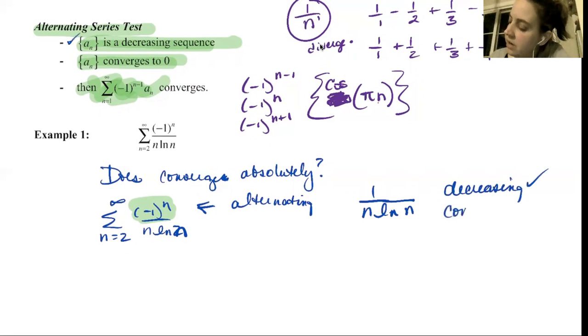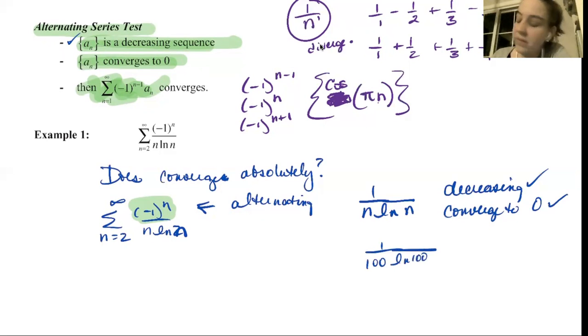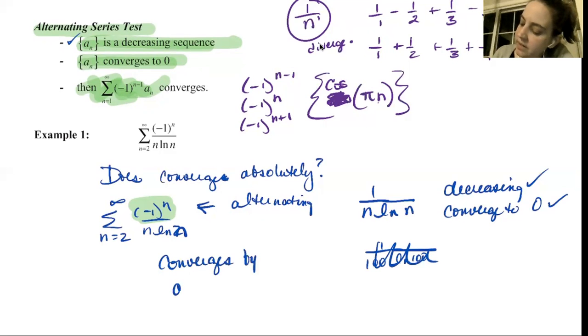Converge to 0, check. Think of 1 over 100 natural log of 100. That's going to be a really small fraction. This one converges by the alternating series test. Again, alternating series test, really nice one.